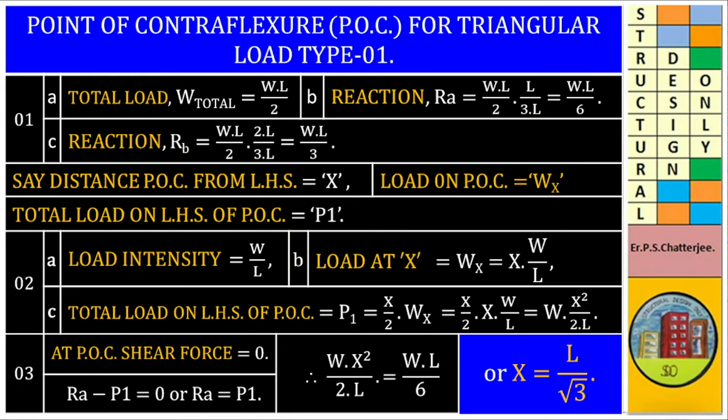So RA is equal to WL by 6 and reaction RB is equal to WL by 2 into 2L by 3 by L, which is equal to WL by 3.